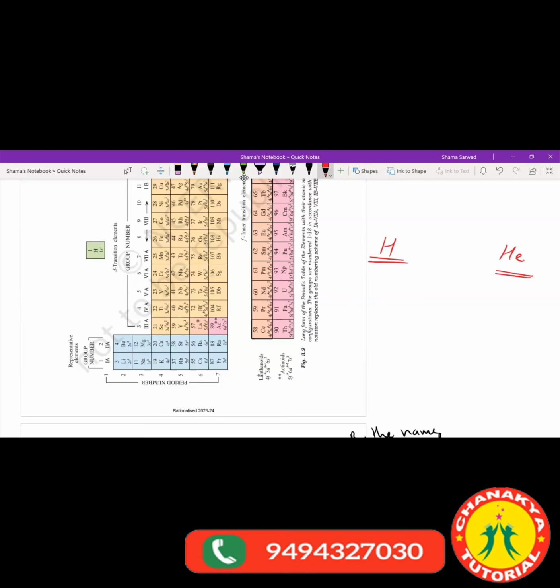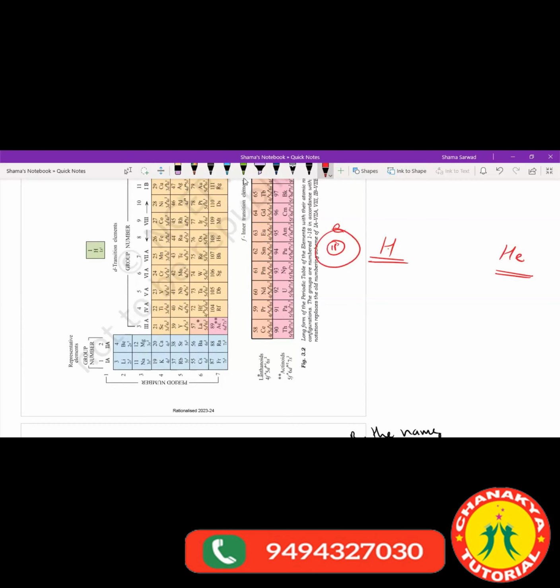The number of the period indicates the number of energy levels filled in that particular period. For the first, if you can see hydrogen, it has only one shell, isn't it? Hydrogen has one proton in its nucleus. Hydrogen is the only element which does not carry any neutron in its nucleus, and only one electron revolves around the proton.